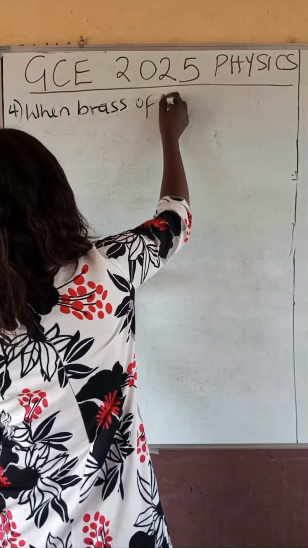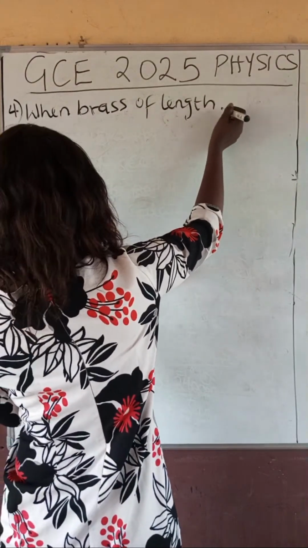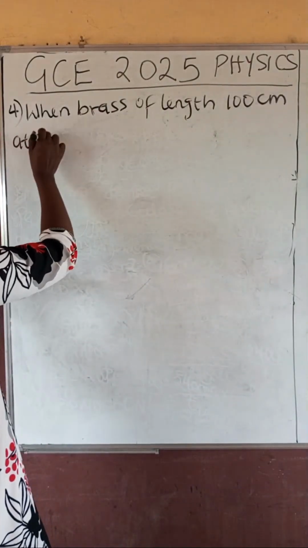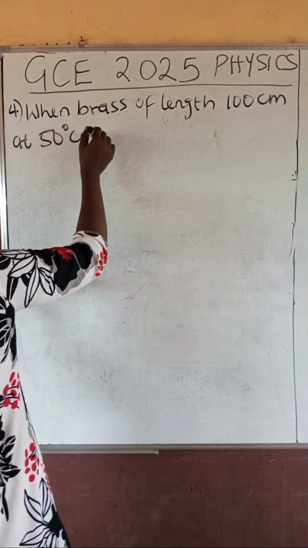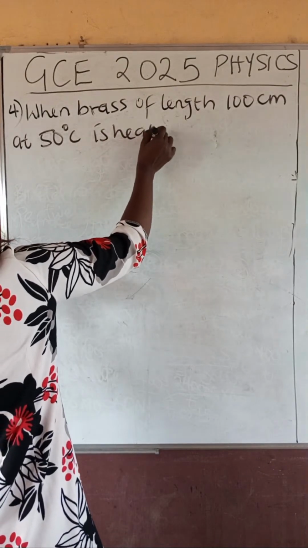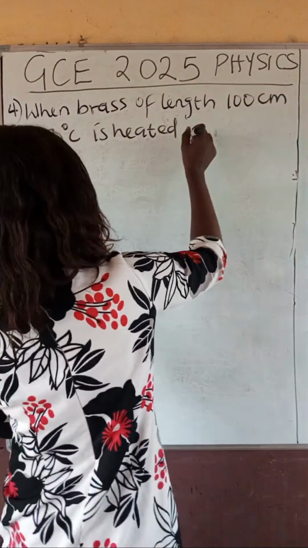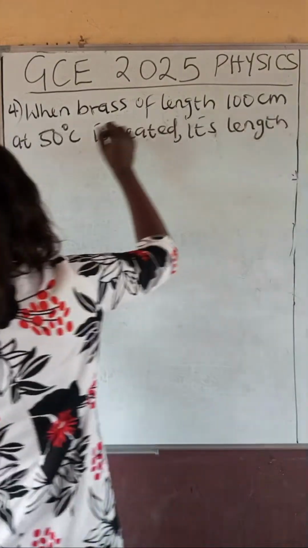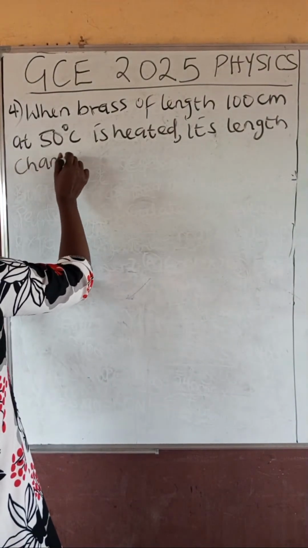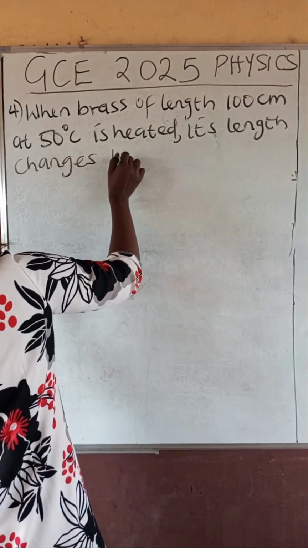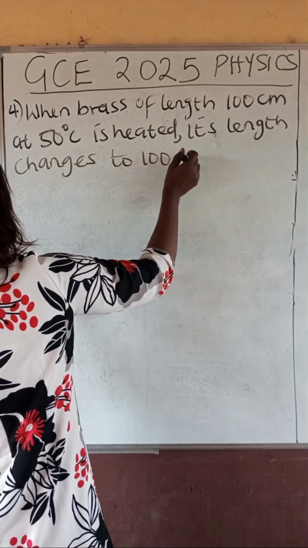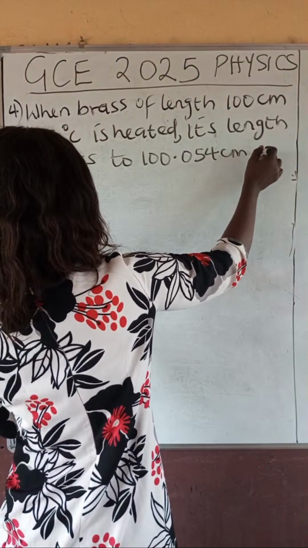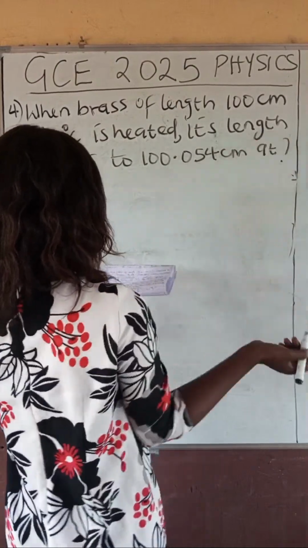When brass of length 100 centimeters at 50 degrees C is heated, its length changes to 100.054 centimeters at what?